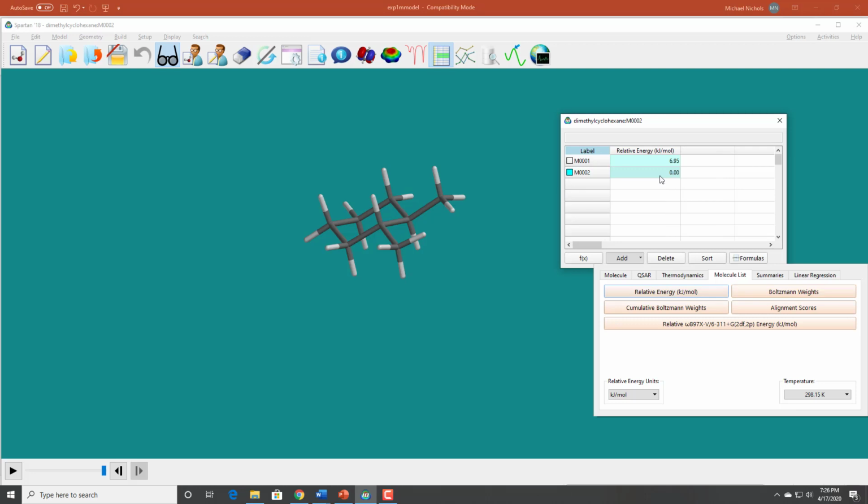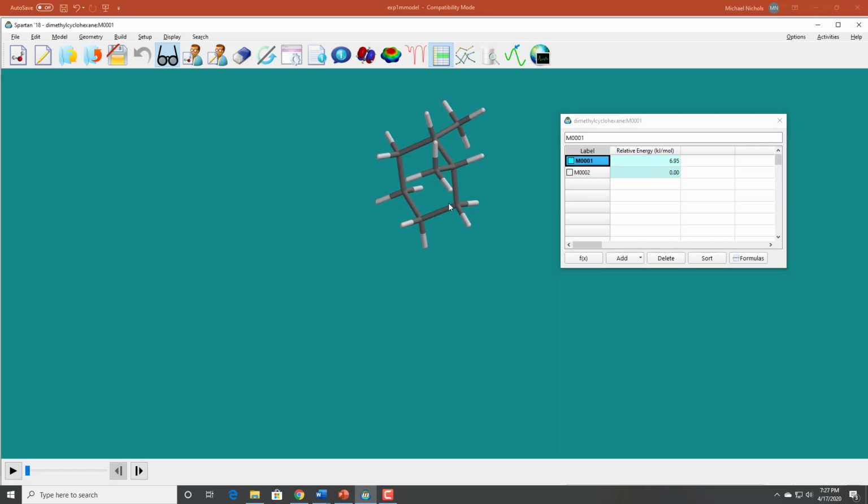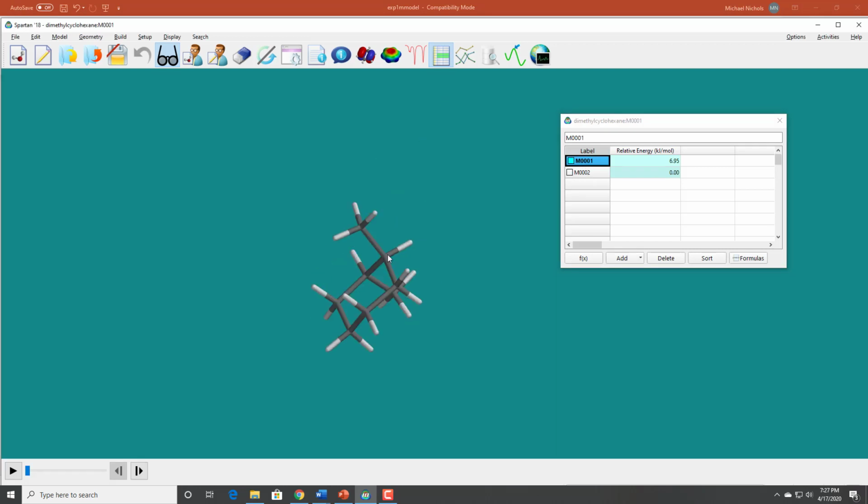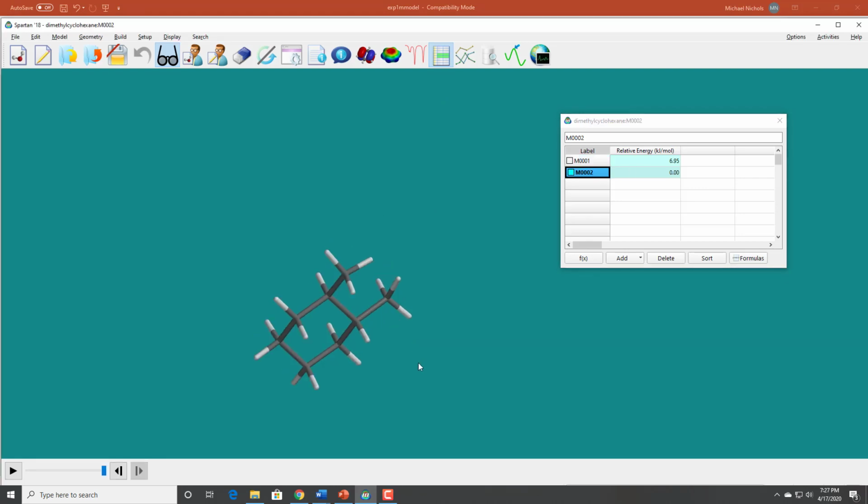Now, which one has the higher energy? The higher energy is the diaxial by 6 kilojoules per mole over the diequatorial. So hopefully you got that question right. The diequatorial is more stable because it is a lower energy.